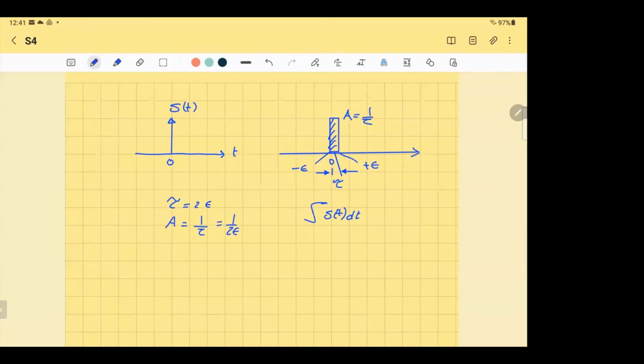The question is, you can have any shape of this pulse. You can have a small triangle or whatever the shape, but the area should equal 1. And the period or the interval of the signal should be really very, very small, infinitely small.